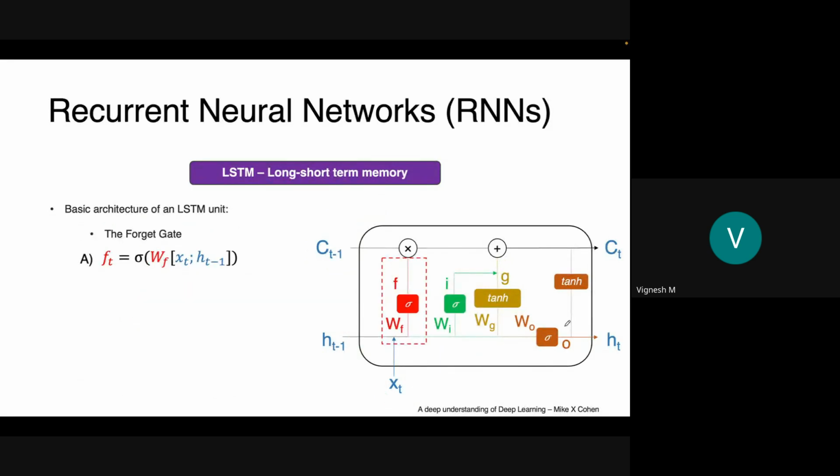So the first thing is the forget gate. It is nothing but taking some weights, your input and your previous hidden state, xt and ht minus 1, and passing it through a sigmoid. This is a gate because you're passing it through a sigmoid function, so the variables in f will be either close to 0 or close to 1.